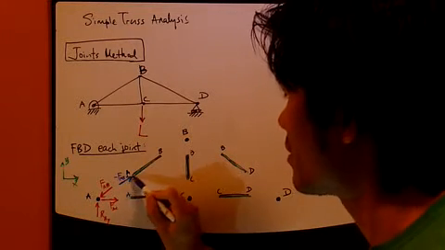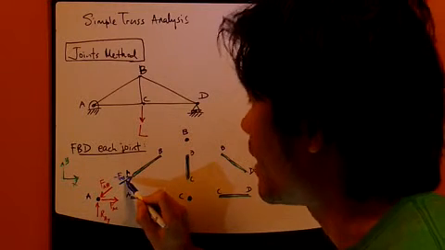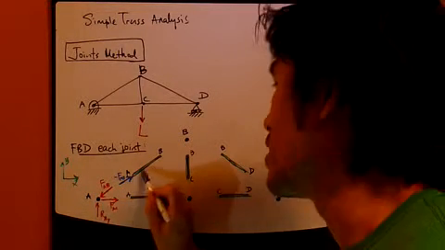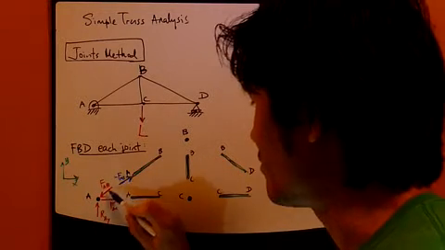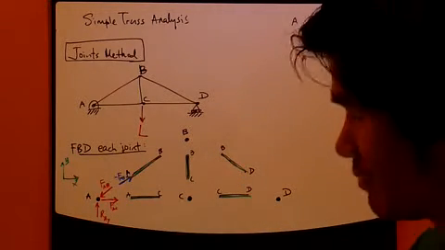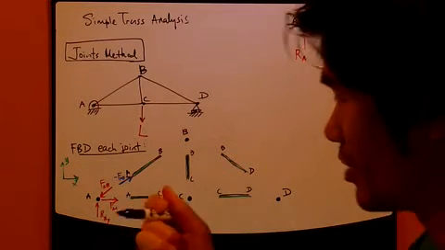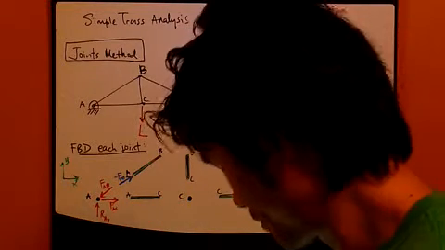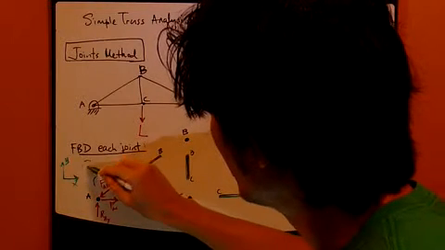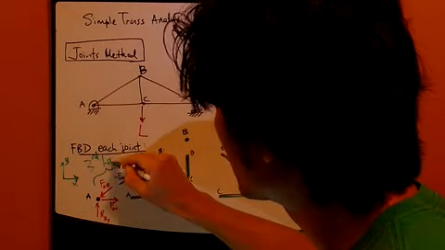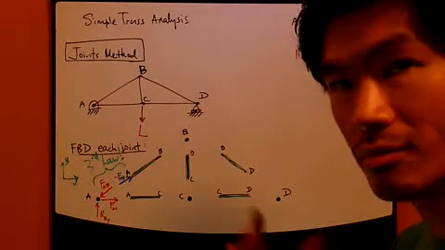And this force points up, coming from the joint into this member AB. Together, they cancel out. Therefore, it's an equilibrium. So this is Newton's third law: equal but opposite reaction.